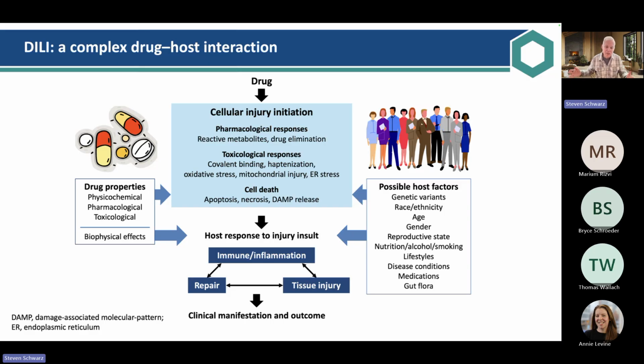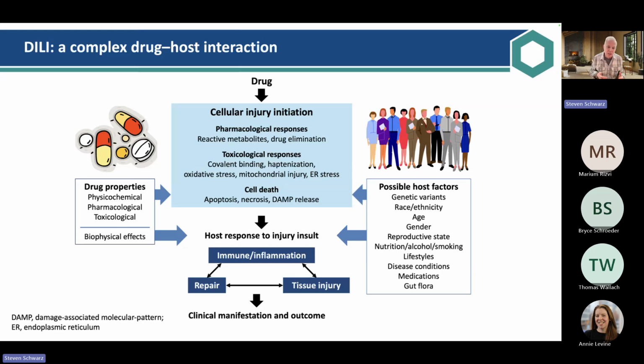And then obviously causing a cell death, which is identified either histopathologically or when we see in more sophisticated tests the appearance of a DAMP, which is a damage-associated molecular pattern. And then all of this goes on, and what's the host response to the injury? We can either have an immune reactive inflammatory response that leads to further injury, or we can repair.